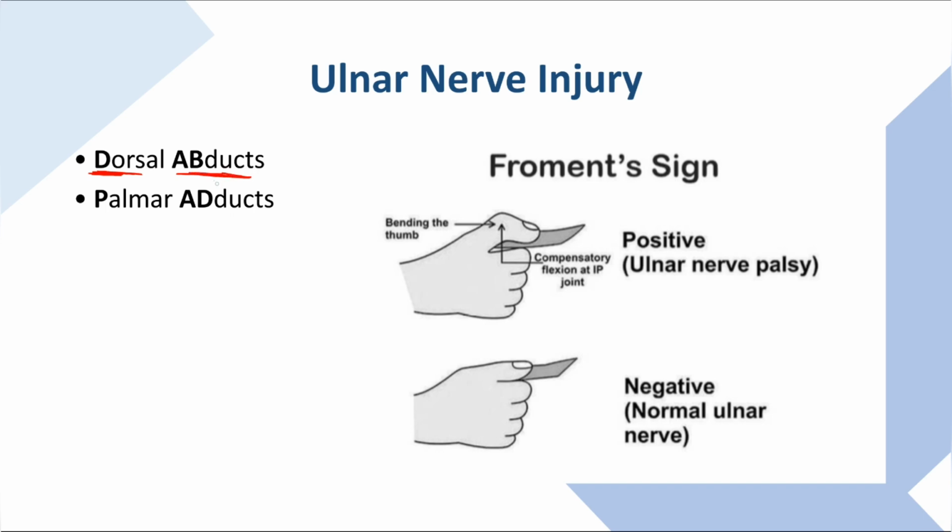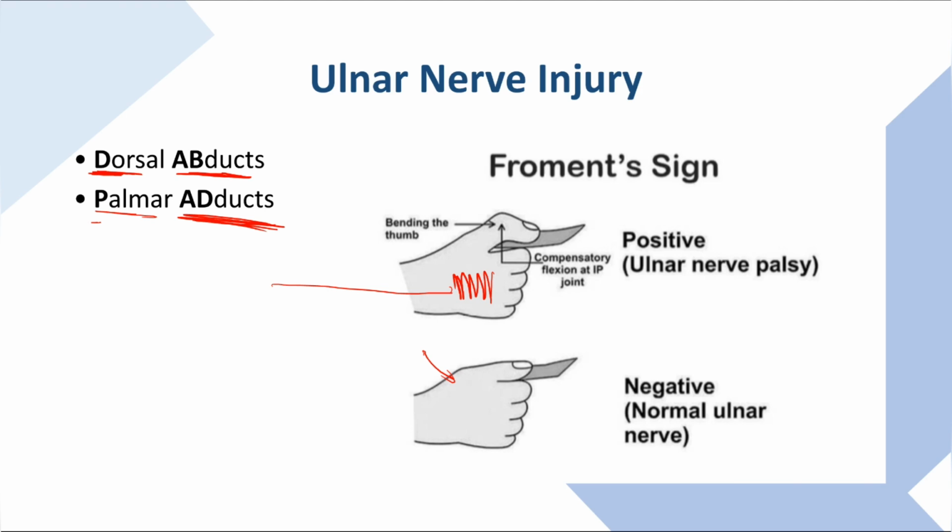So if there is involvement of the dorsal muscles by the ulnar nerve, there will be failure of the patient to abduct their fingers. In the palmar aspect, if injured, there will be failure to adduct the fingers.